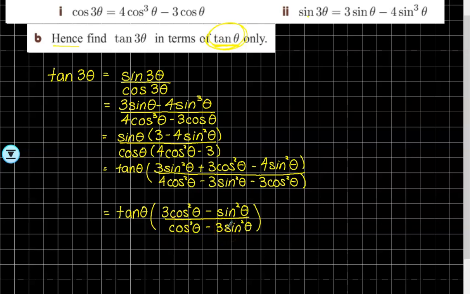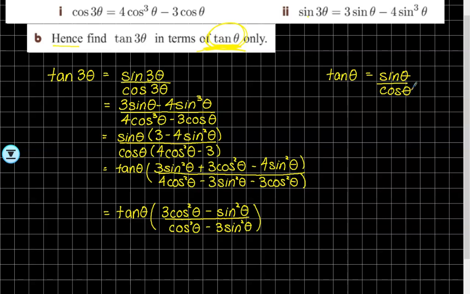Now, I would not normally think to do that, but because it was telling me up here, I want it in terms of tan. As I'm going through this question, in my head, or even on paper, right, I have got tan theta equals sine over cosine, and I'm trying to make sure that I use that wherever I possibly can.